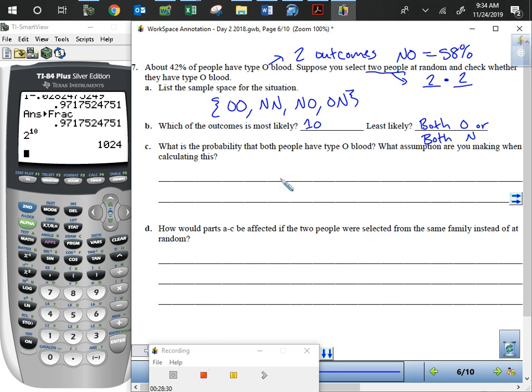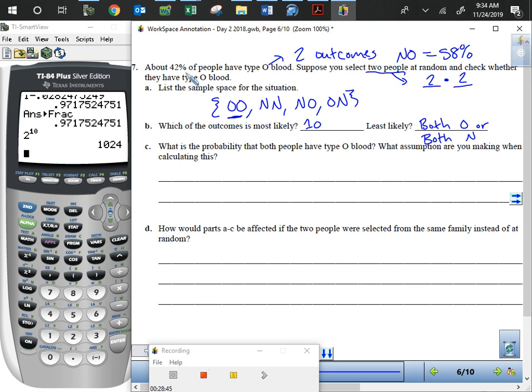Now it says, what is the probability that both people have type O blood? So type O, we're talking about this, and we can't say it's 1 out of 4, because remember, we were told that these outcomes weren't equally likely, so we can't calculate it just using the sample space. We have to use those probabilities.